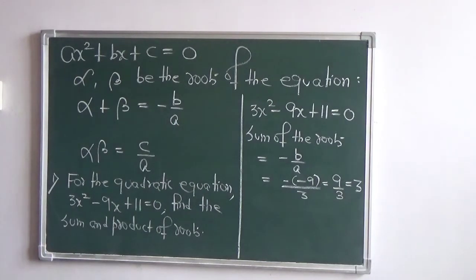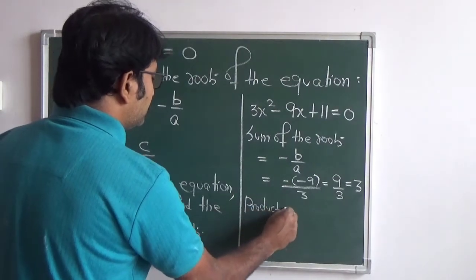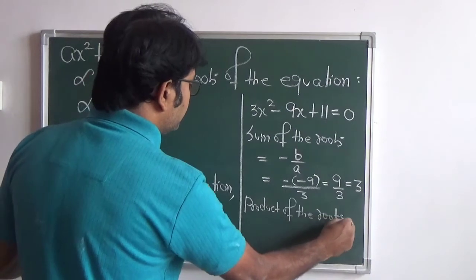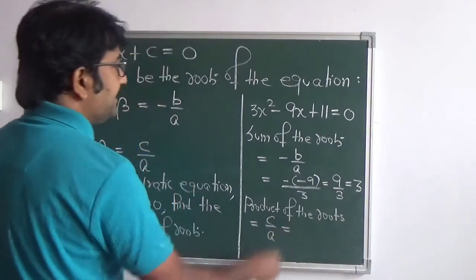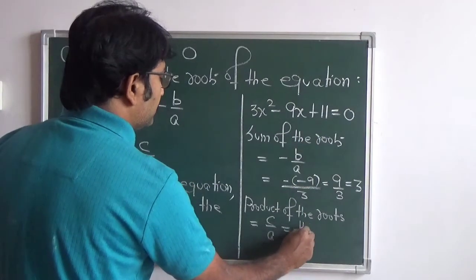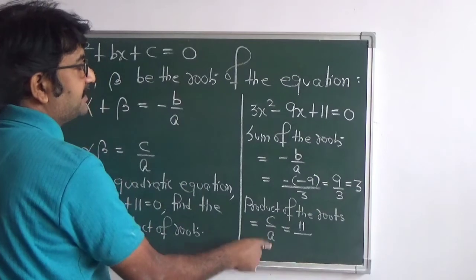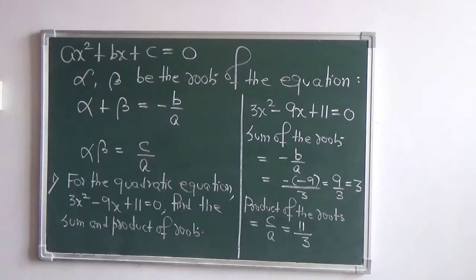And what is the product of the roots? That is given by C by A. C is 11, the constant term, and divided by A, the coefficient of x square, and that is 3. So sum of the roots is coming to 3 and the product of the roots is coming to 11 by 3.